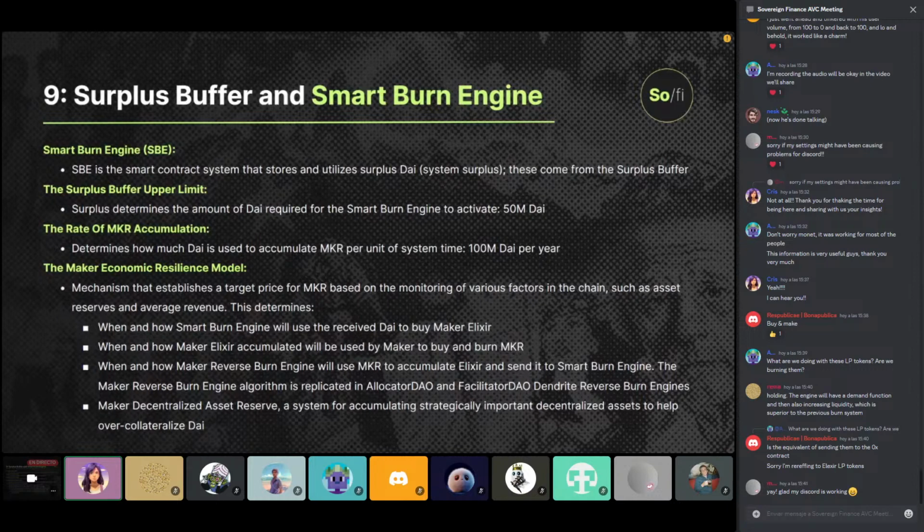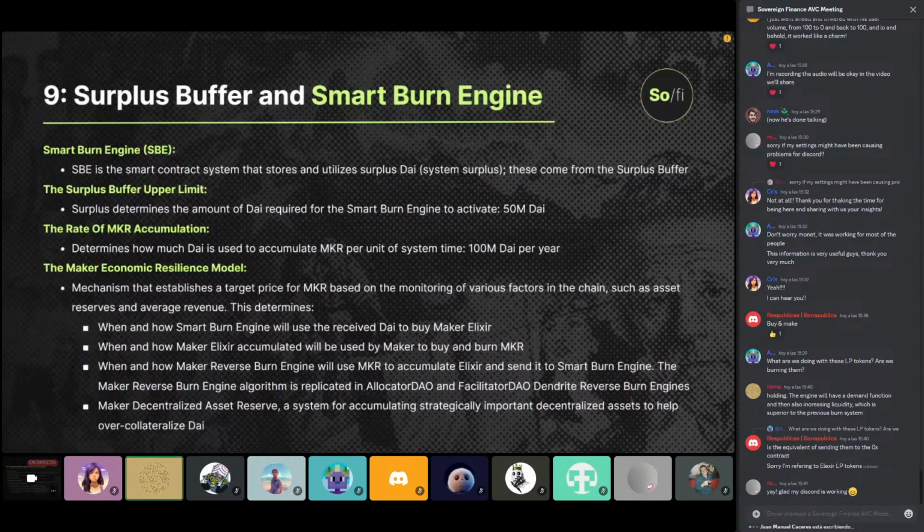So please, if any of the audience have any questions, put them in the chat. And also, I don't know if you could give us an insight into the surplus buffer and how it works, very briefly. I don't want to take a lot of time, but if you could share it with us.